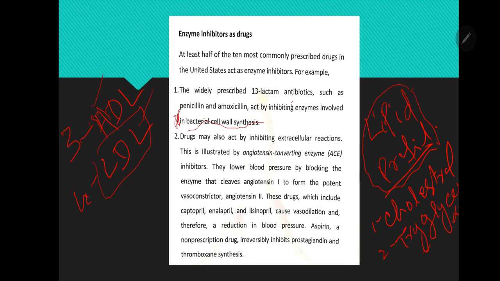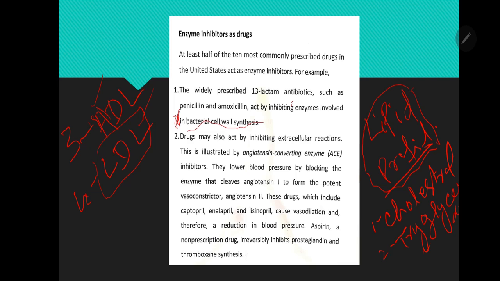They lower blood pressure by blocking the enzyme that cleaves angiotensin 1 to form the potent vasodilator angiotensin 2.